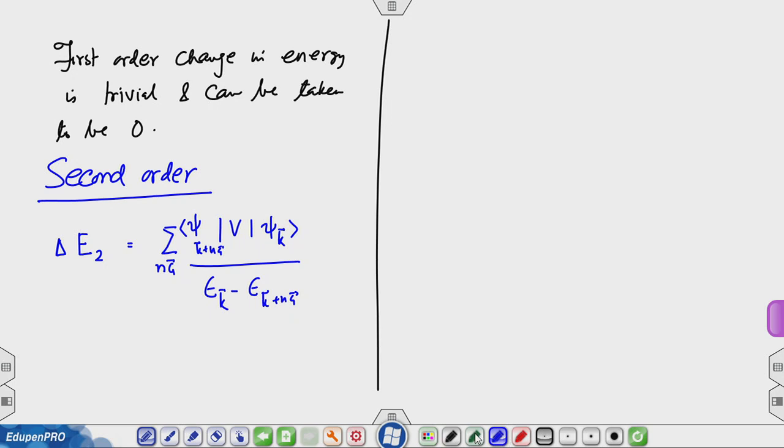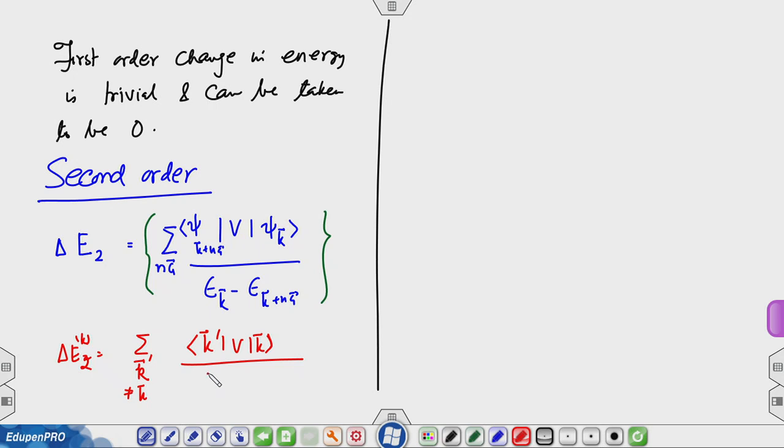I am writing this by skipping a step, and this step that I have skipped is here. The second order perturbation energy is actually given as summation over all the other states k prime, this is for kth state, not equal to k, k prime V k over epsilon k minus epsilon k prime.